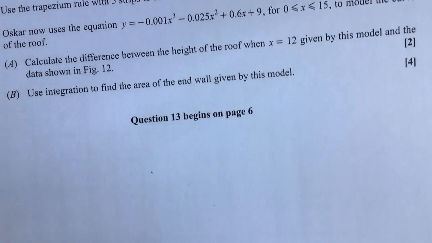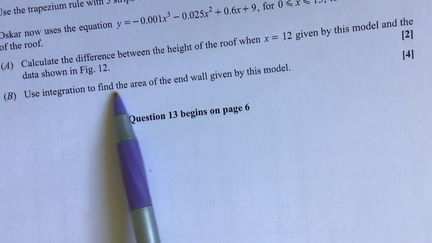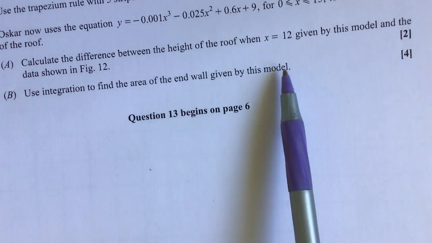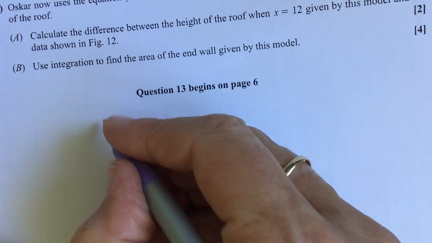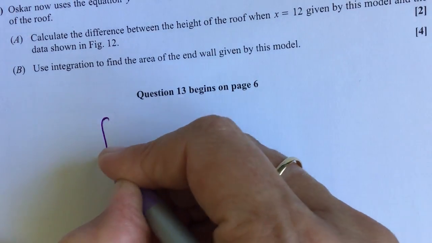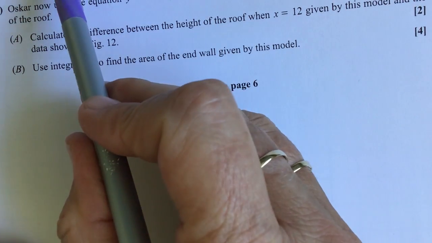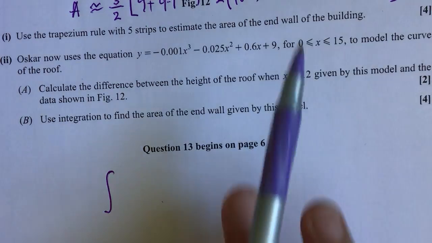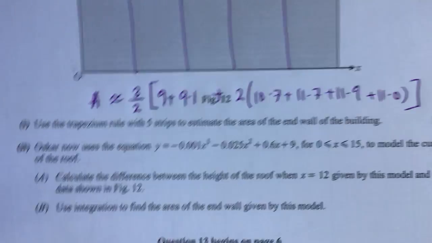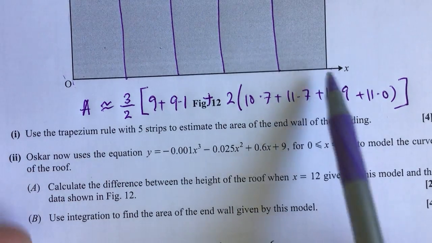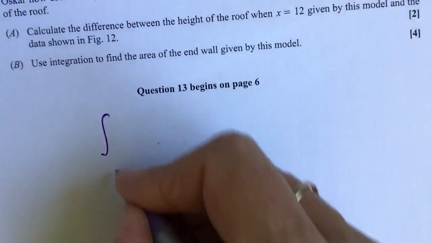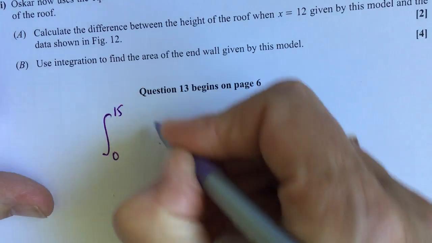And then it says here, use integration to find the area of the end wall given by this model. So integration, it tells us, but we should have known that anyway. We're integrating between x is 0 and 15. So on our integral sign, 0 and 15.